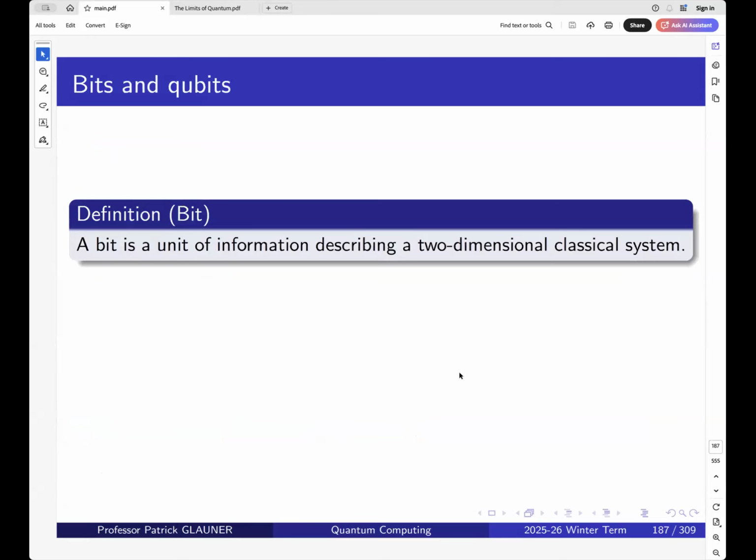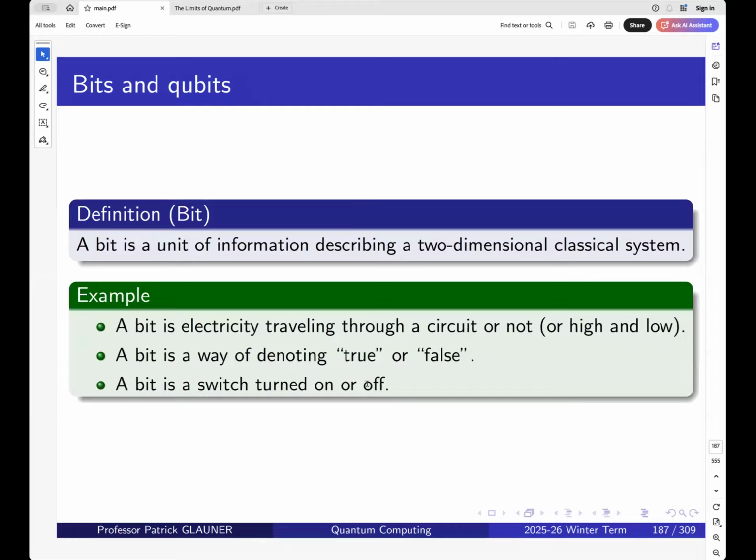In a classical computer, you deal with bits, and a bit is a fundamental unit in a classical computer, and it's from a two-dimensional classical system. And there are lots of interpretations of what a bit can actually mean. So one can say a bit is a way of denoting true or false.